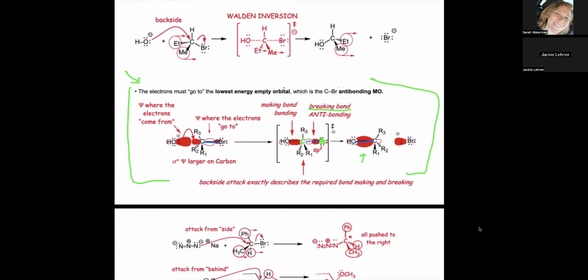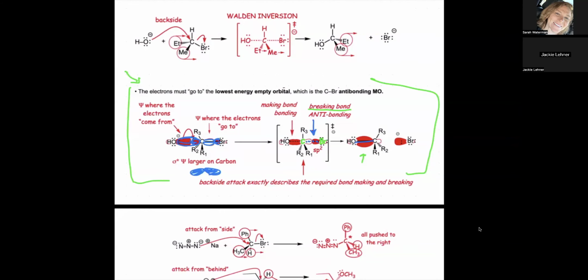So we have this space here to create that, and because of this we have this anti-bonding, which helps facilitate breaking this bond because carbon can't have both sides shaded in, so to speak. So in order for that to happen, we have this empty space where these electrons can come in.